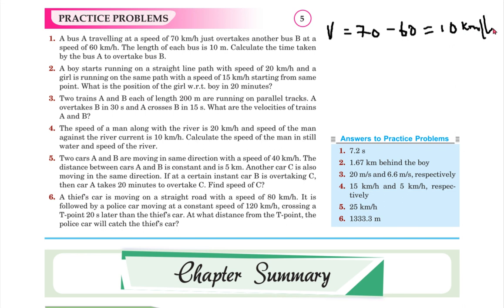For the unit, one kilometer per hour is 5 by 18 meter per second. So 10 into 5 by 18 is 25 by 9 meter per second.